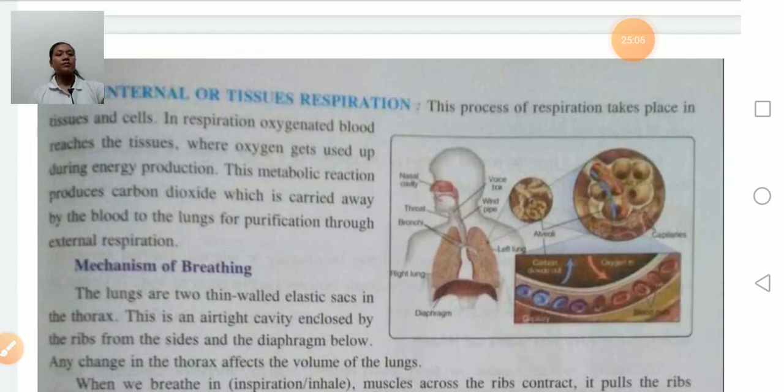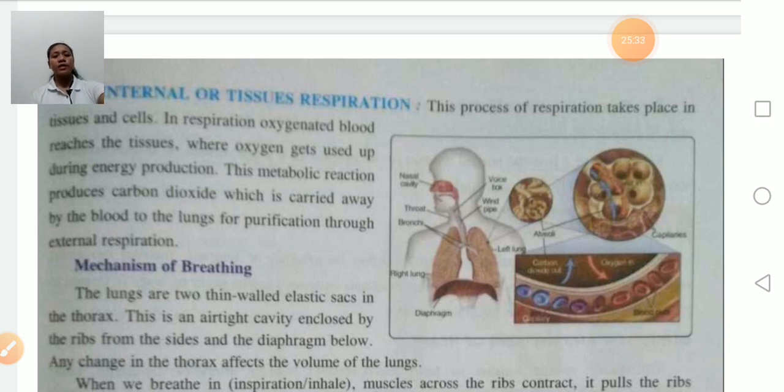The oxygen-rich blood reaches the tissue, where oxygen is used during the energy production, and these metabolic actions produce carbon dioxide.